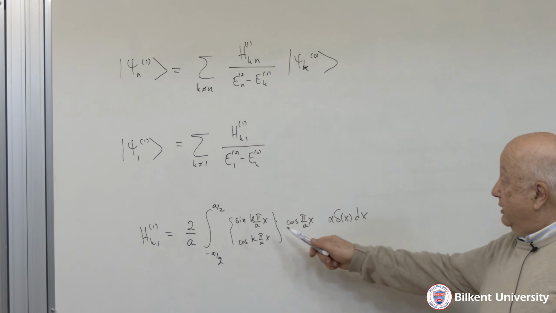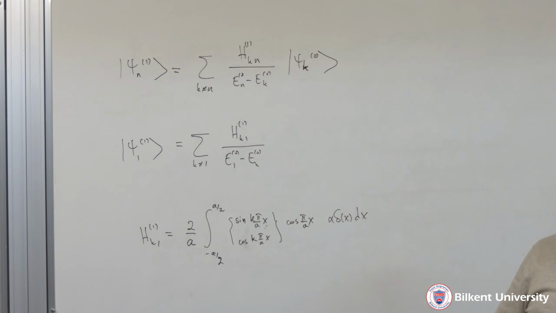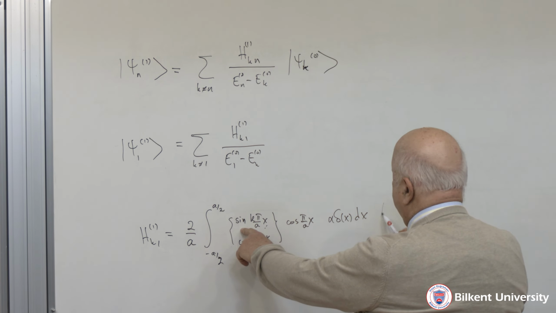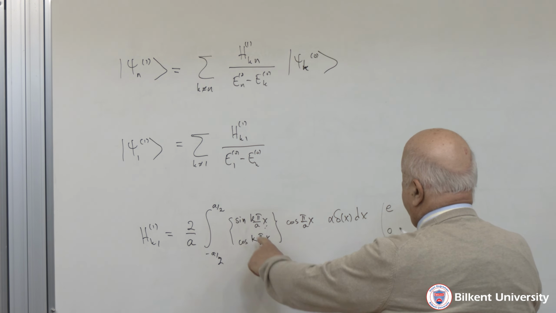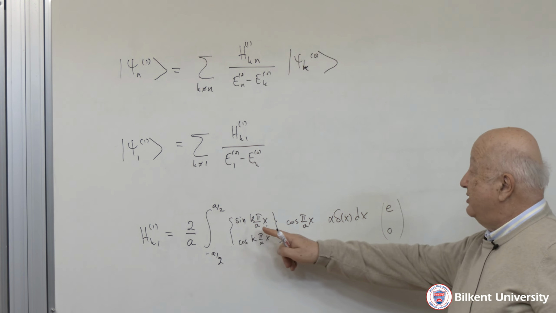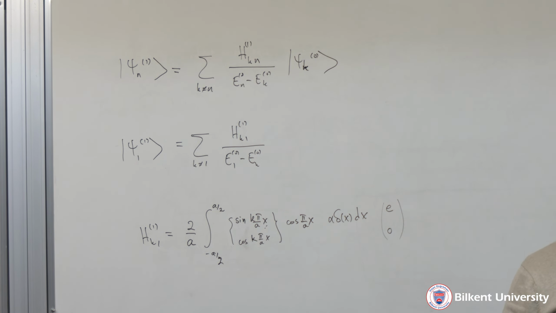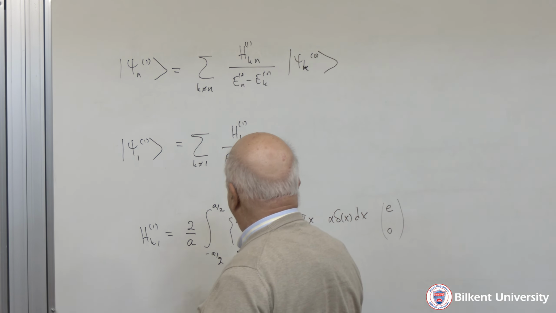Now you see, as long as I have the sine here, I'm going to get 0. Remember, this one is for even k, and this is for odd k. So as long as I have an even k, I am going to get 0. There will be no contribution.